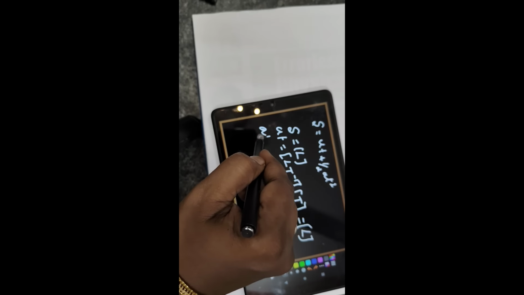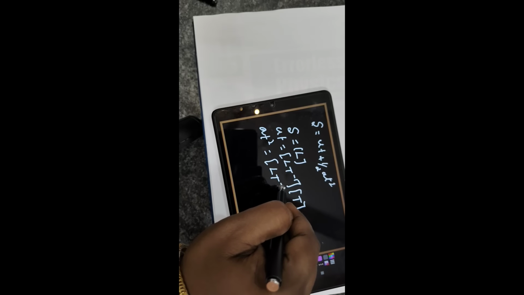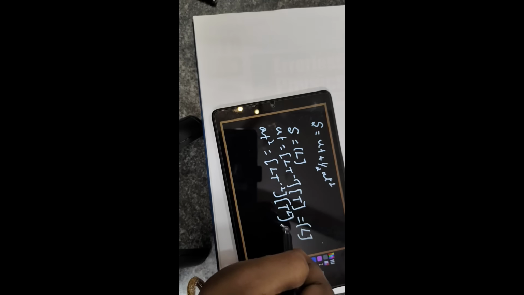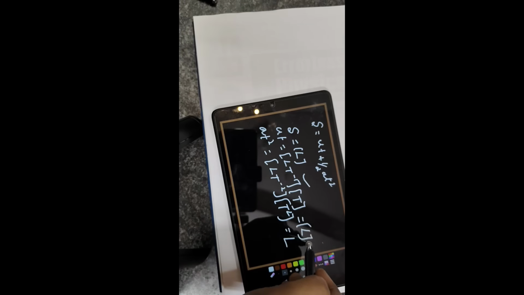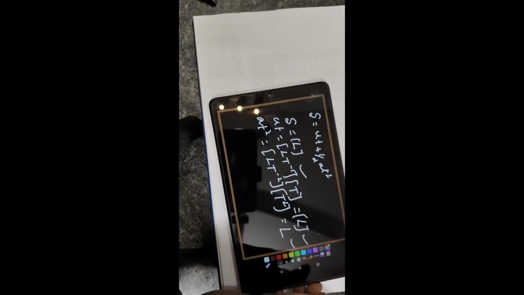Then at square is L T raised to minus 2 into T square. Again it will be L. So all are equal, L, we got all equal dimensions.